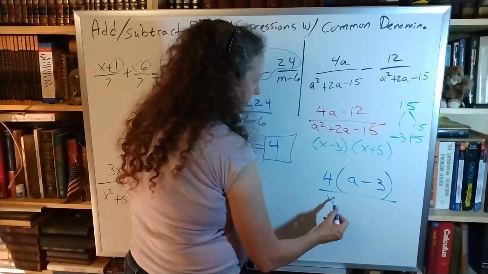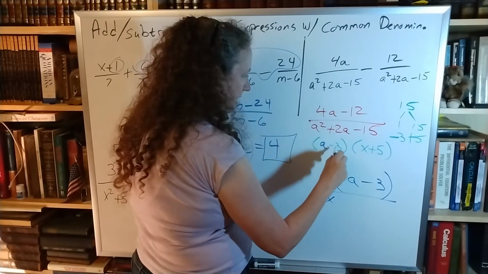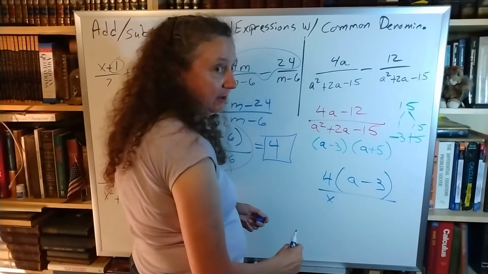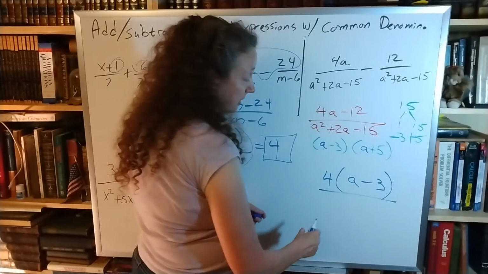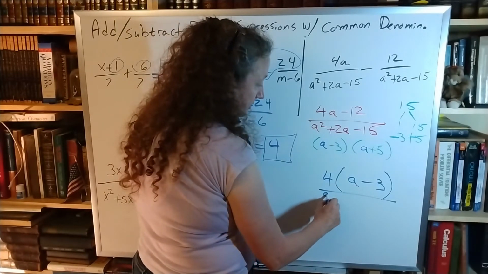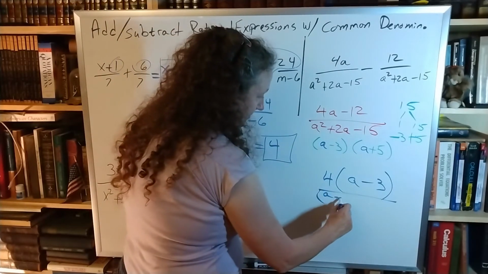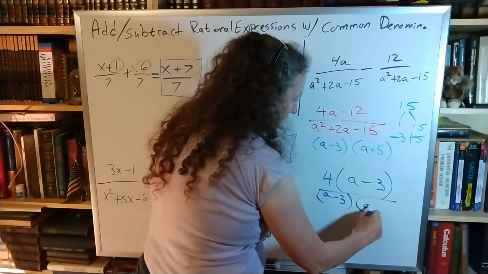Over a, that shouldn't be x, that should be an a, and that should be a. You get into a habit sometimes, and you got to watch out that you put the right letter down so your teacher doesn't mark it wrong. A plus 5.